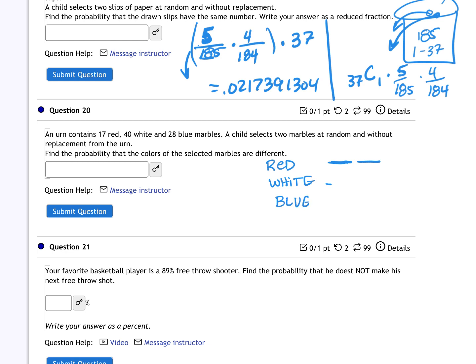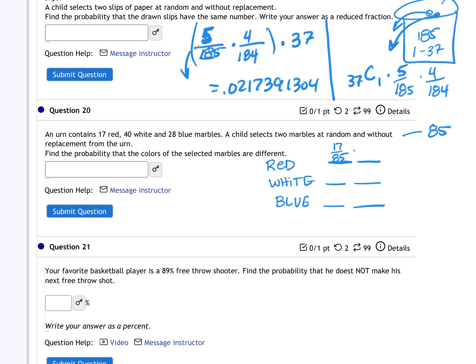If I pick a red first, well, first of all, what's 17 plus 28 plus 40? 85. So there's 85 total here. So I had 17 out of 85 chance of getting a red.